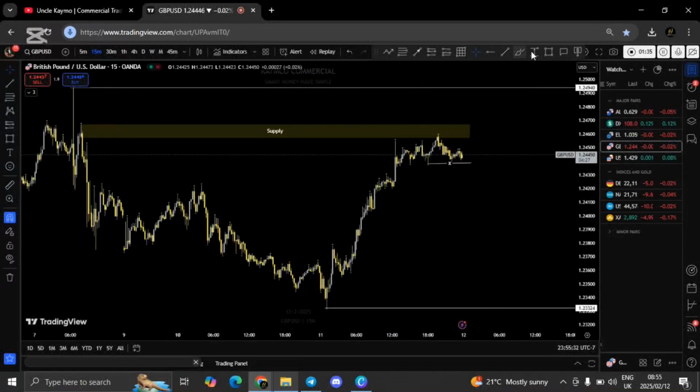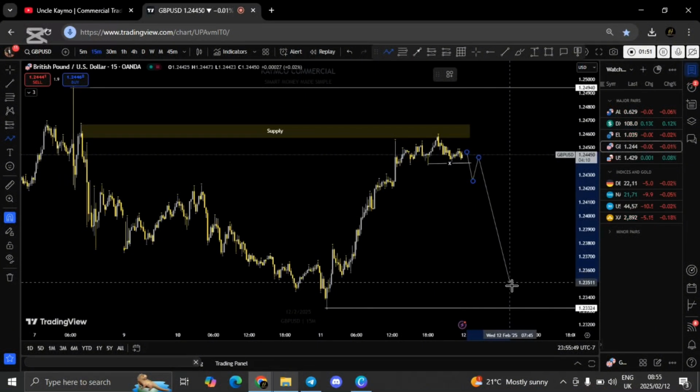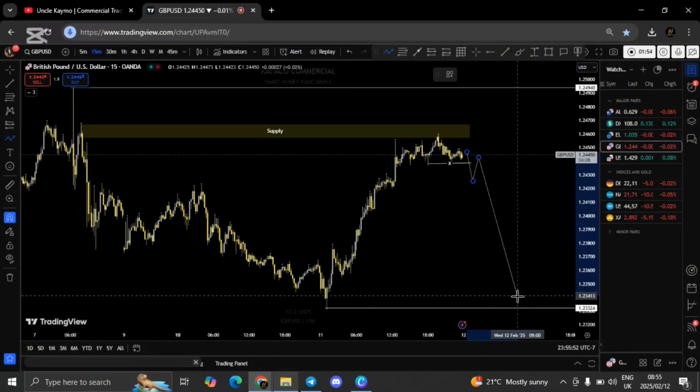I want price to take this low out, but I'm already inside those sells. So if it does happen to take these sells, we're looking for a reversal to the upside, then price will continue to drop.